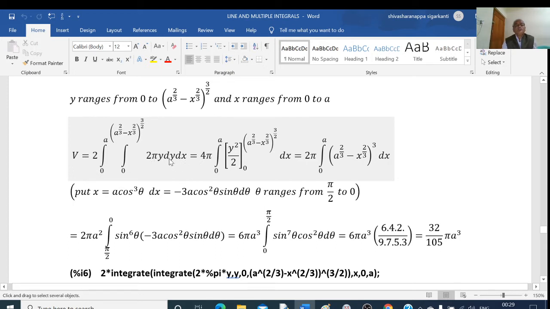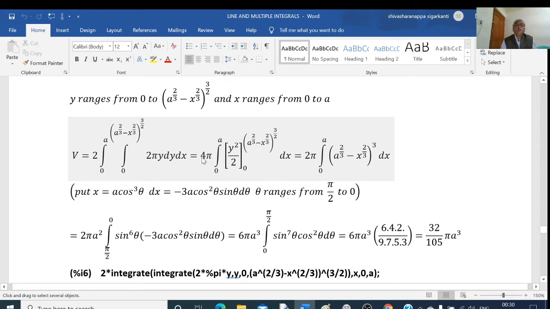Integrating with respect to y first, we keep 2 pi as it is, and 2 into 2 becomes 4 pi, and the y integration is y square by 2, between 0 and a raised to 2 by 3 minus x raised to 2 by 3 whole to the power 3 by 2, into dx.